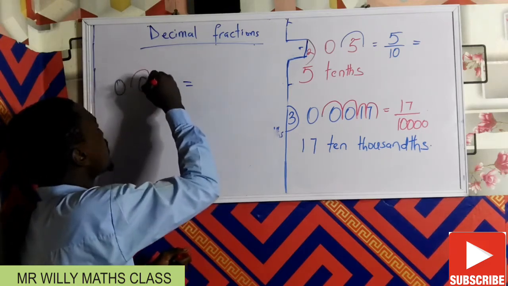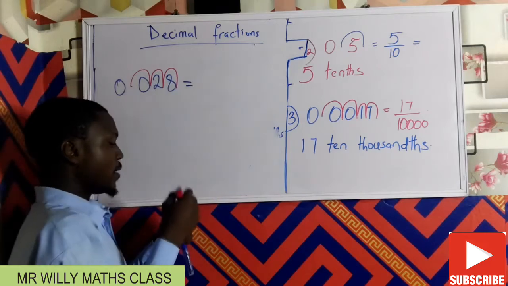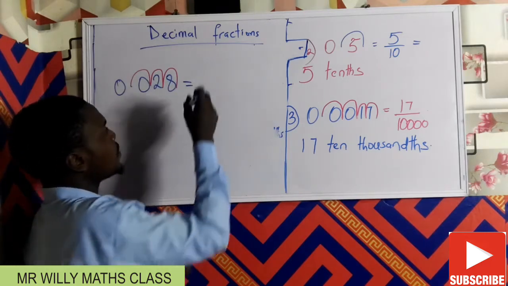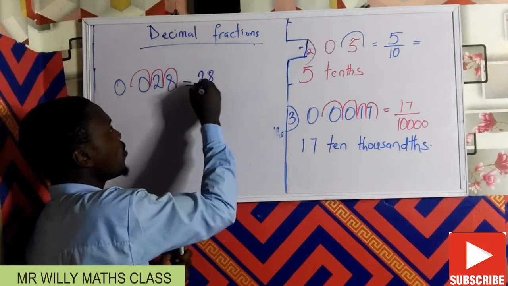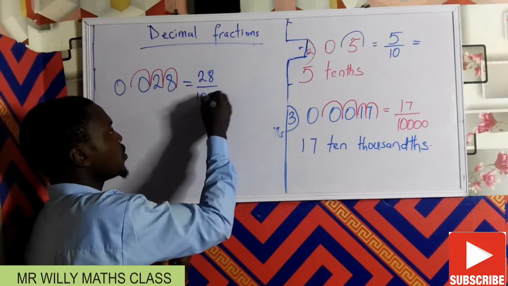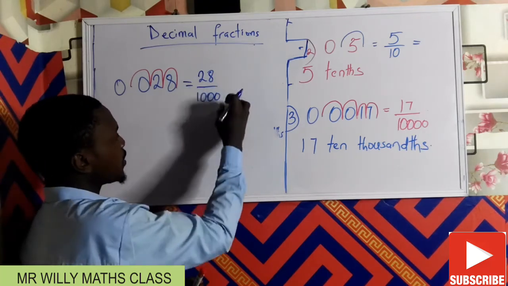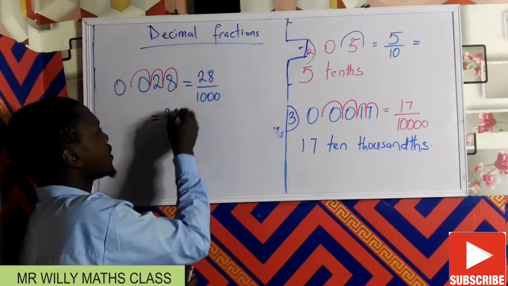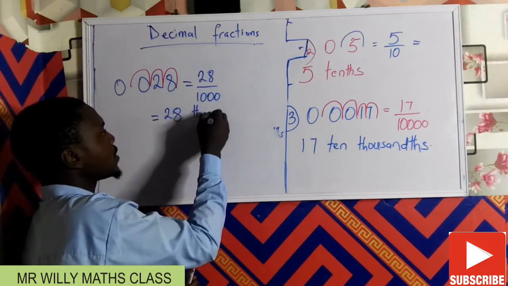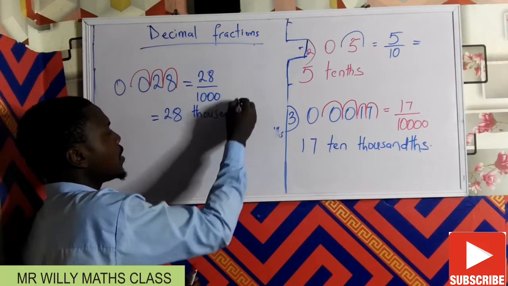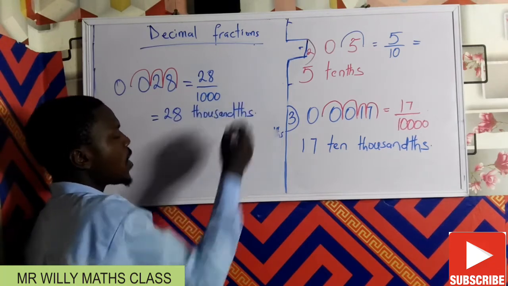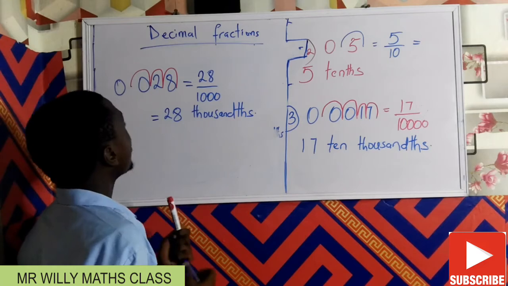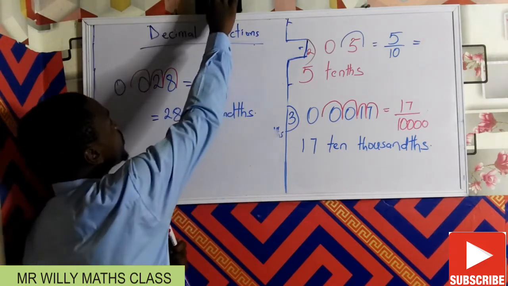This will be 1, 2, 3. We counted 3 decimal places. That will be 28 over 1000. So 28 over 1000 in words is 28 thousandths.